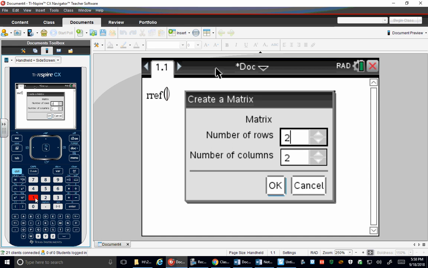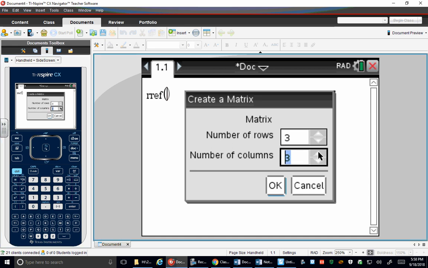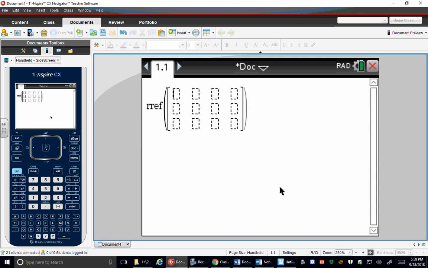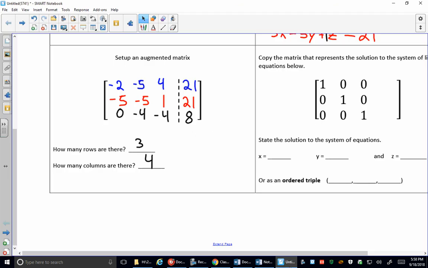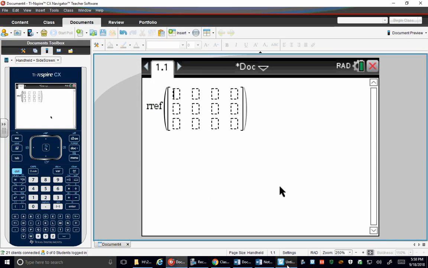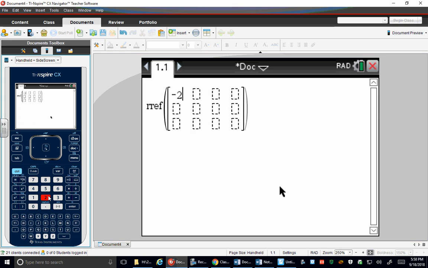I want 3 rows, I want 4 columns, and now we can start typing in the values from our matrix. -2, -5, and 4. All right, remember tab? And then we had 21 on the other side.